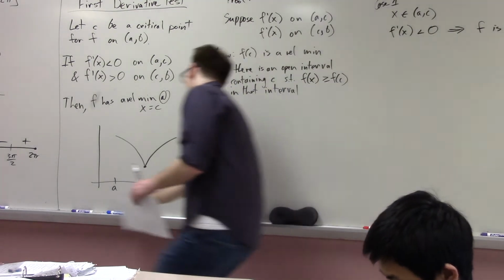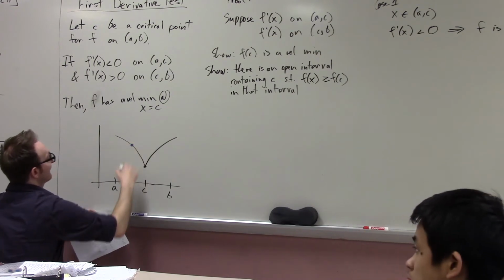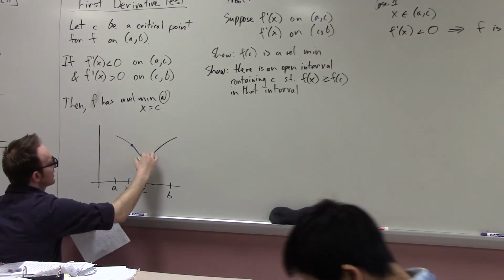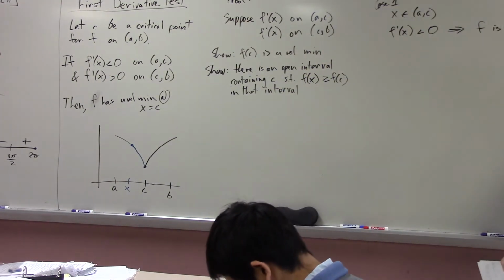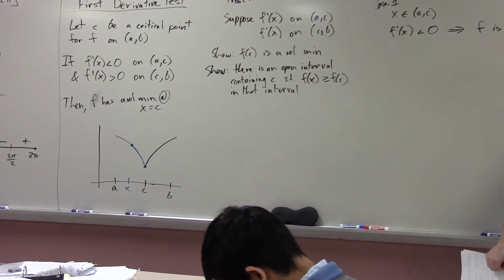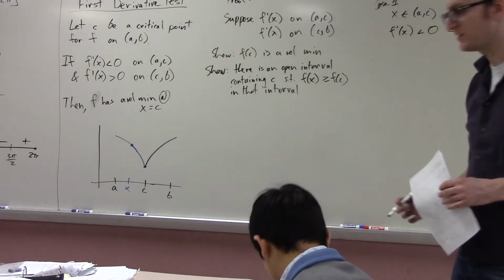So here's x, right? If x is on my interval, I know that my function is decreasing on the interval xc. Well, I guess it's decreasing on this whole interval AC. I'll just write that: f is decreasing on the interval AC.